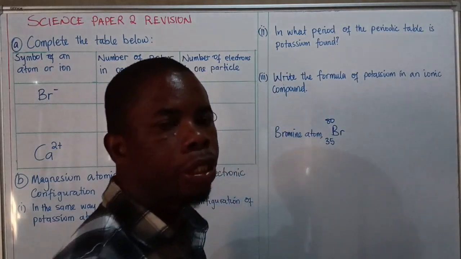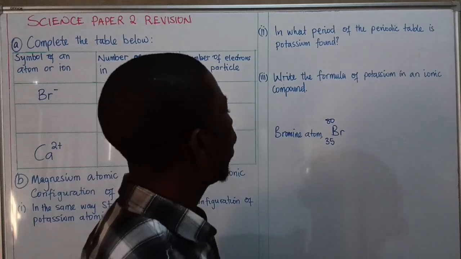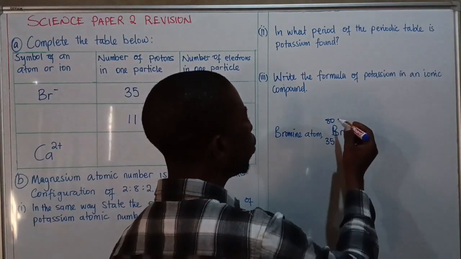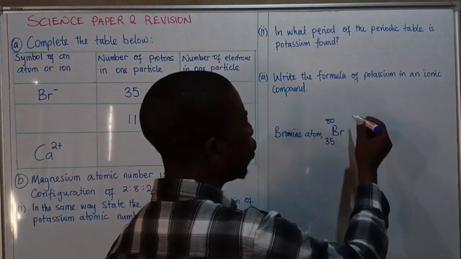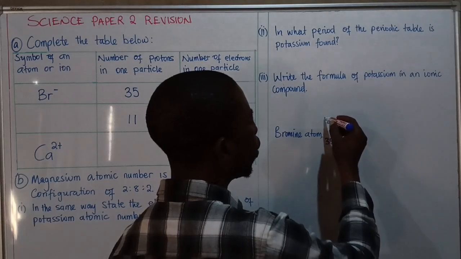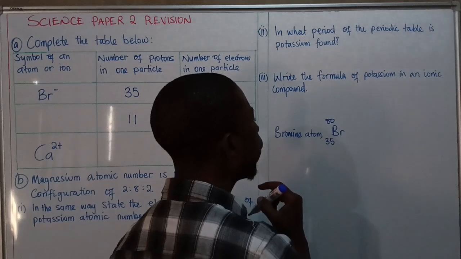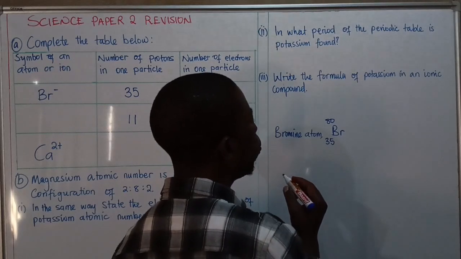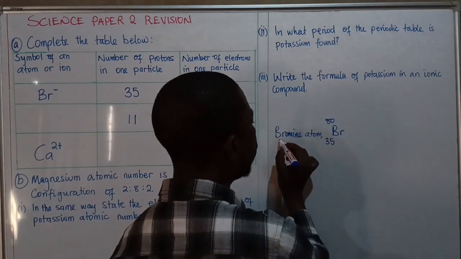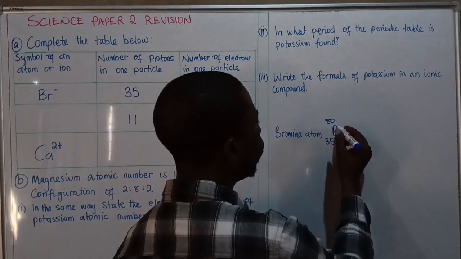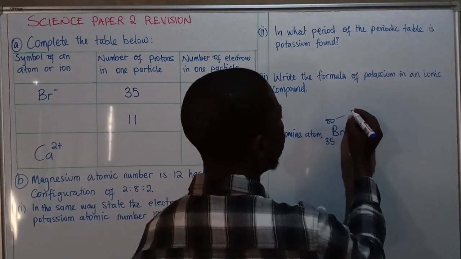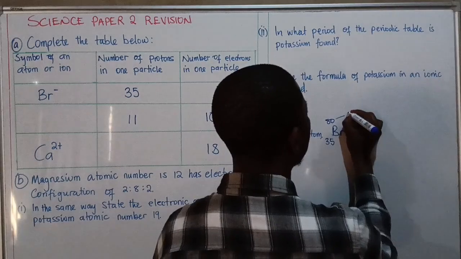Now, the important information which you need to know about an atom, this presentation of an atom like this, we call it nuclide notation. So in nuclide notation, we represent the atom in form of this, where this should represent atomic mass.